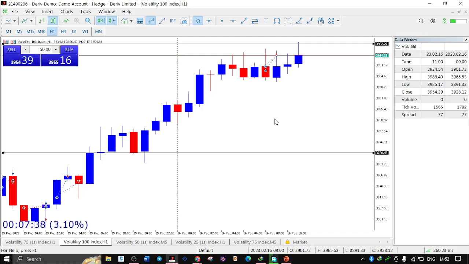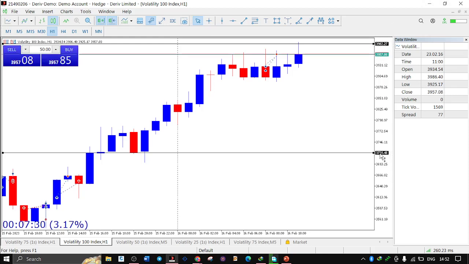Okay, so we continue. Now you see these two lines that I've drawn, one up here and another down here. When we subtract the lower from the upper, that is 3982.27.